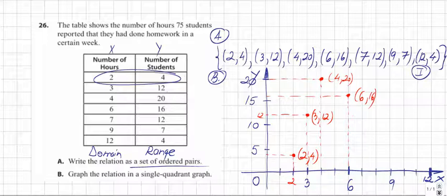What's next? 7 and 12. From 7, this is 7, right? You go up to 12. Vertical from 7, the intersection is right there. That's 7 and 12. What else? 9 and 7. Well, 5 is here, plus 2, 7 should be about there, right?